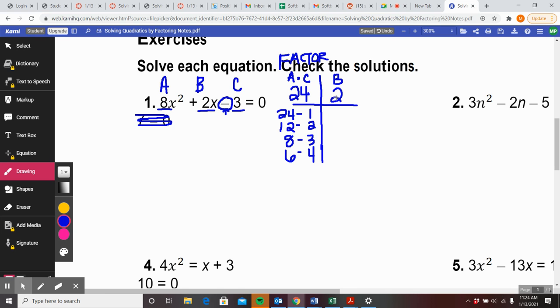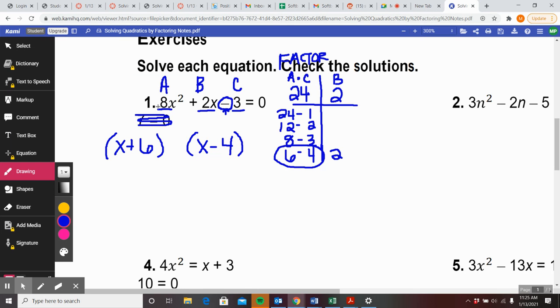So of those factors, 24 minus 1 is 23. 12 minus 2 is 10. 8 minus 3 is 5. 6 minus 4 is 2. So these are the factors that we're going to put in our parentheses. So remember, all we got to do is draw our parentheses and set it up. X plus 6 and x minus 4.